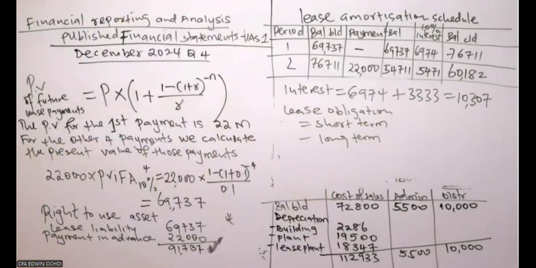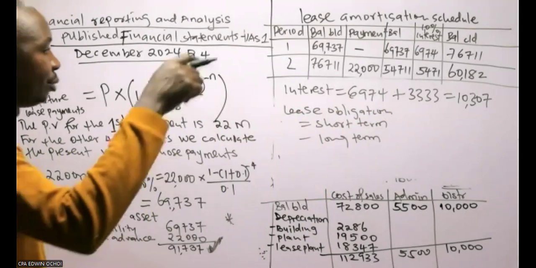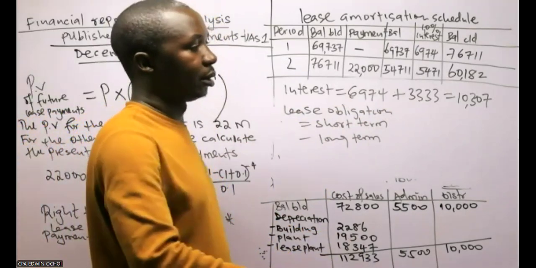That one would appear under the statement of financial position. So the long-term, which is payable after 1 year, will be, anyway, let's first start with the one which is paid immediately in this year.